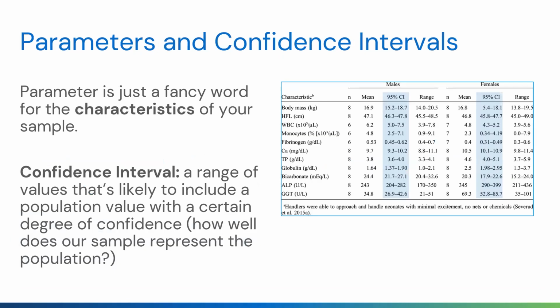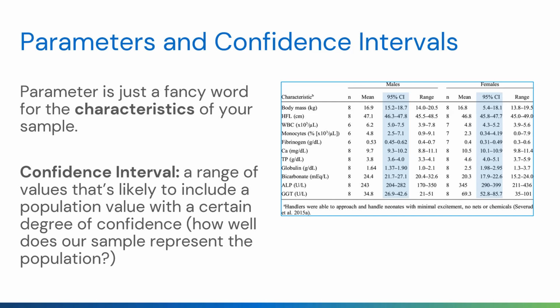I've also used words like parameters and confidence intervals, and I just wanted to cover those concepts briefly so that when you are reading papers, you can feel confident about using those. So parameter, again, is just a fancy word for the characteristics of your sample. So if I'm estimating a parameter, it just means the characteristics.